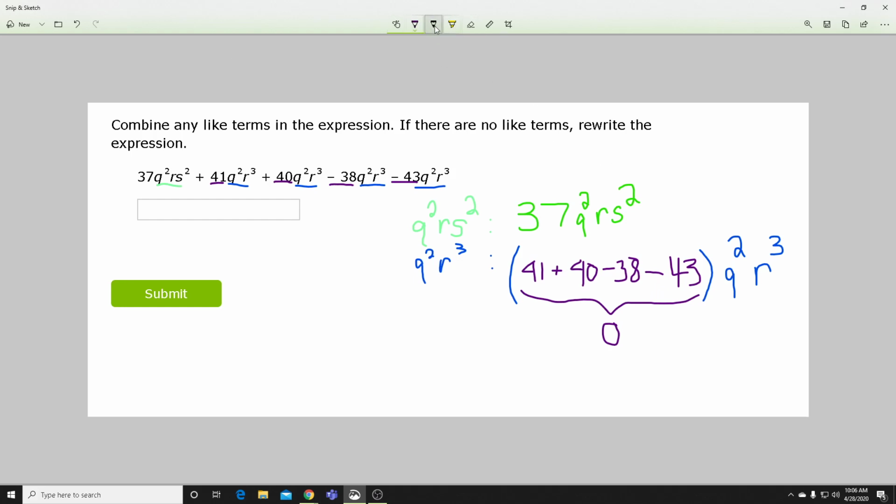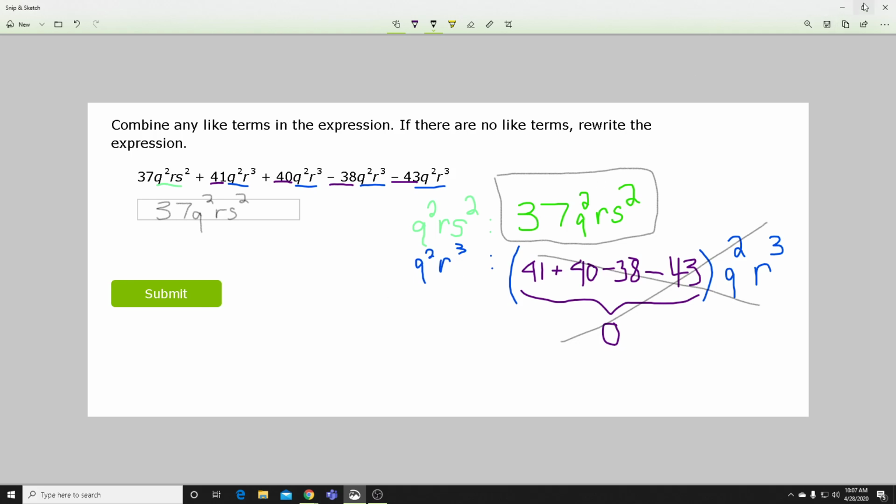So our final terms that we're going to write in is we have this, and then we have 0 times q squared times r cubed. Well, 0 times anything is 0. So these actually just cancel out. The only term we're left with here is 37 q squared r times s squared.